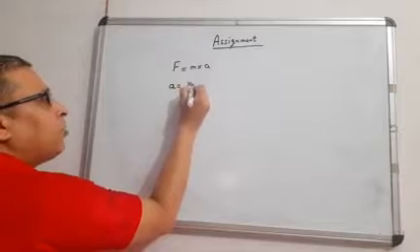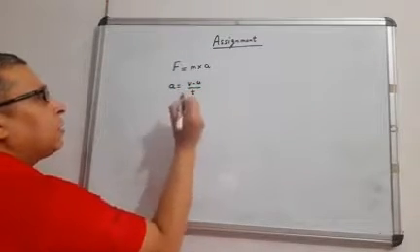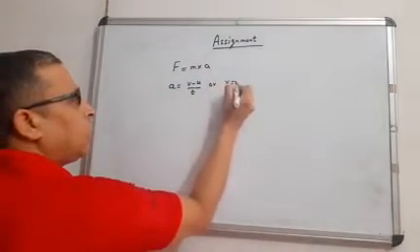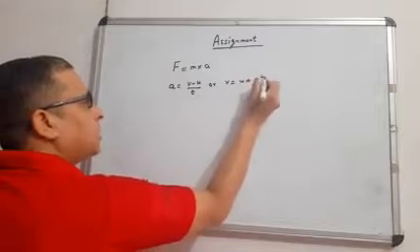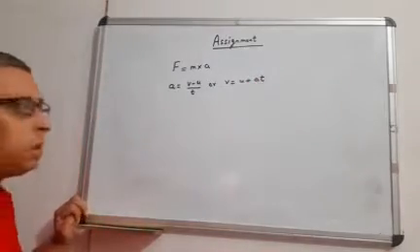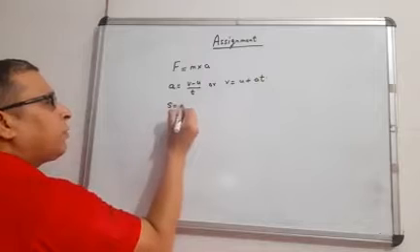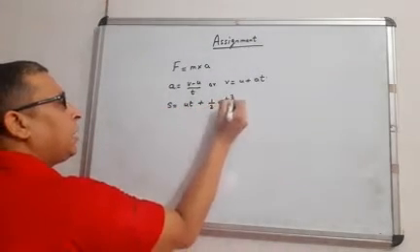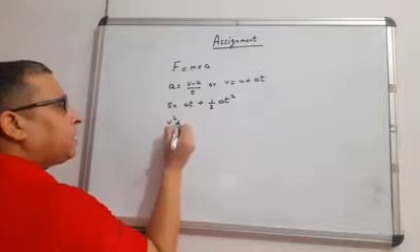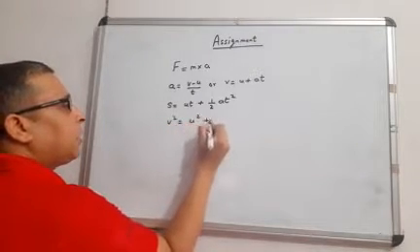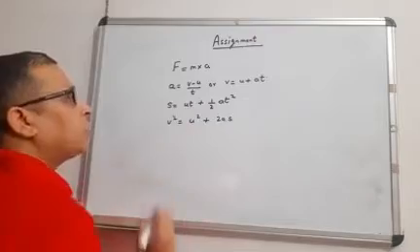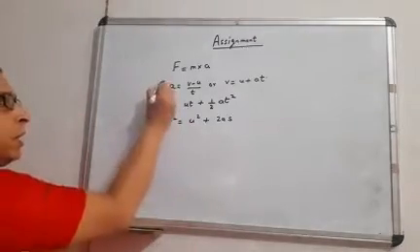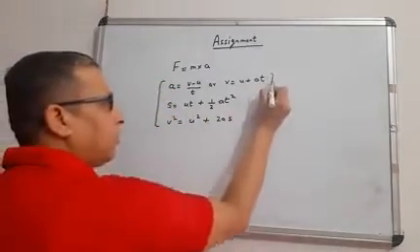Acceleration can be found by using this first equation, then by using ut plus half at square, and by using the third equation of motion. We can find acceleration by all these three formulas.